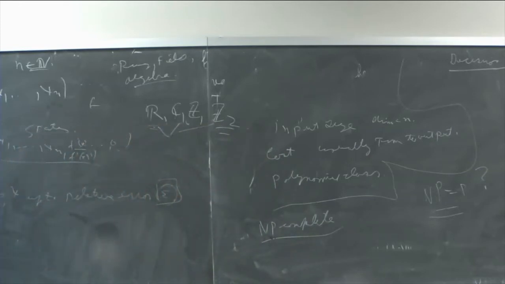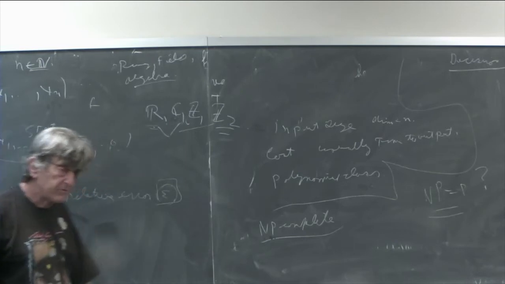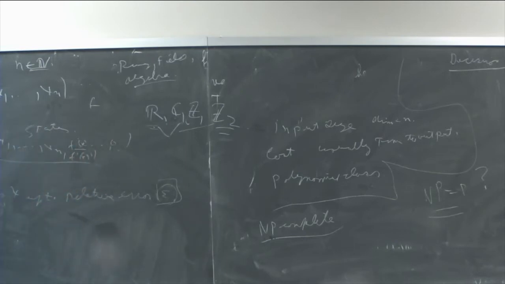How do you get an NP-complete problem? Well, a natural way to produce one is you look at what the machine does. I'm going to write down a family of equations that explain what this machine does on an input.